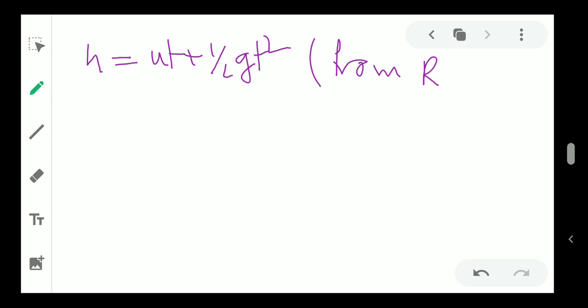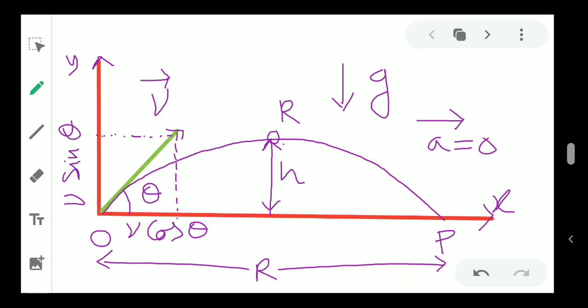So I will use this formula, h equal to, let me assume that I also don't know how to do this. So h is equal to ut plus half at square, or half g t square. So during descent, coming from R to P, what are we basically talking about?